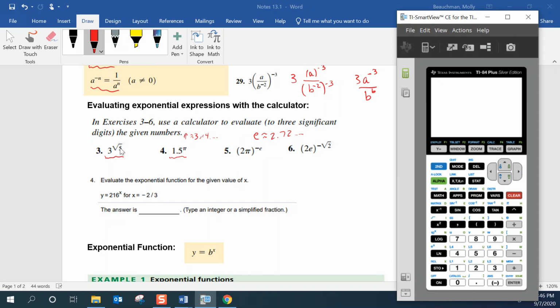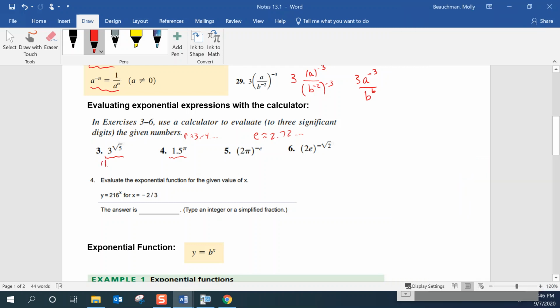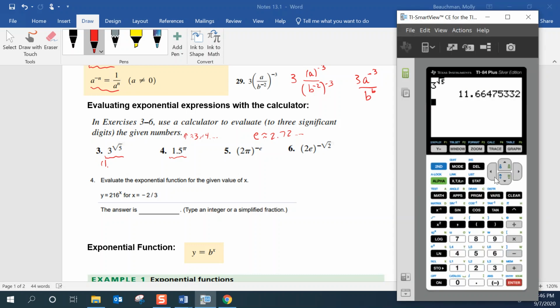So for 3 to the power of the square root of 5, you would take 3, the power key, to the power of the square root of 5, and then hit enter. It says we want these to 3 significant digits, so that would be 11.665.